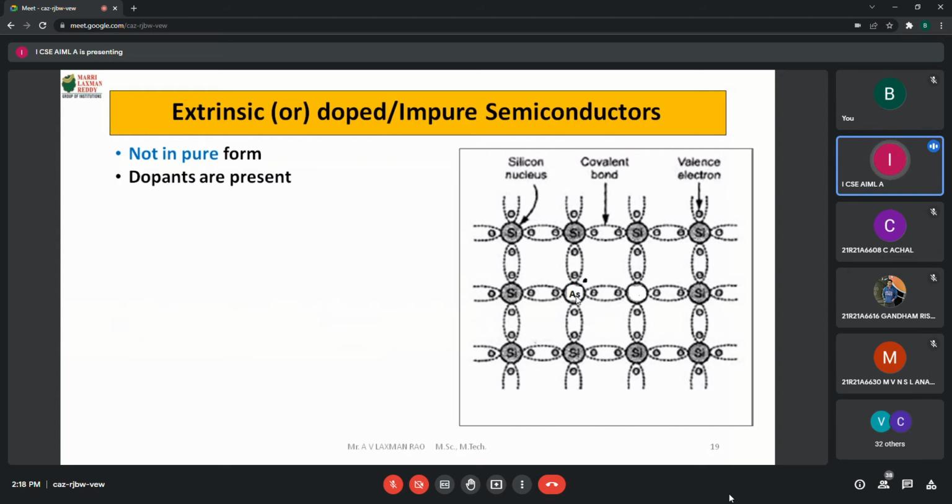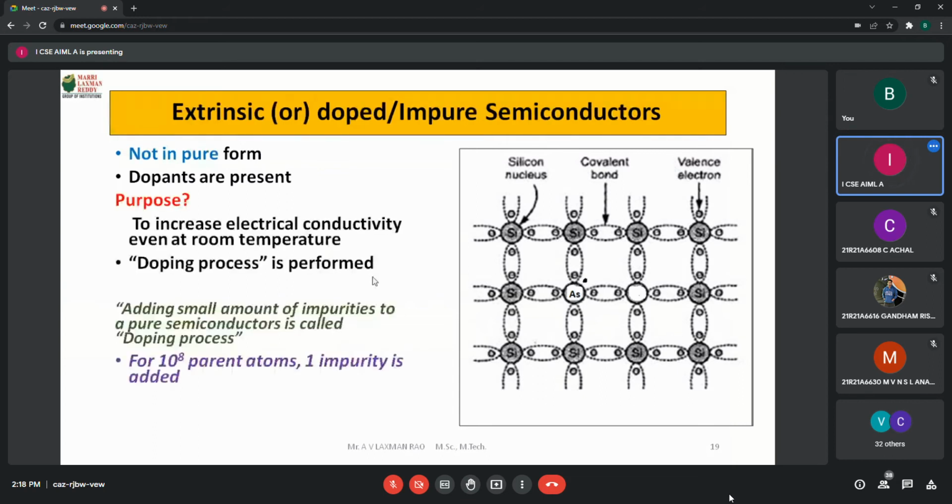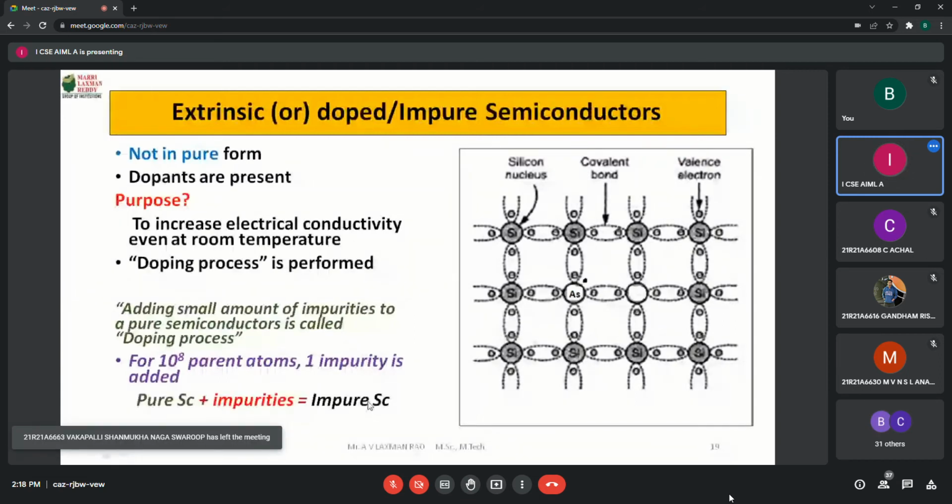One impurity atom will be added per parent atoms, which is more than enough in a doping process. So impure semiconductors are nothing but adding impurities to a pure semiconducting material. It will form an extrinsic semiconducting material like this.